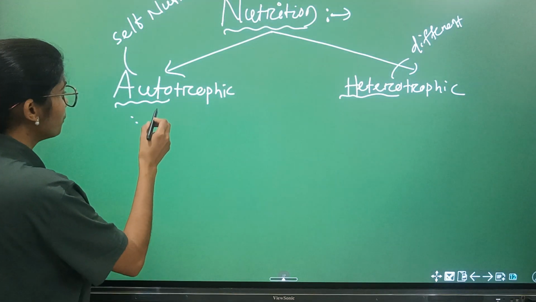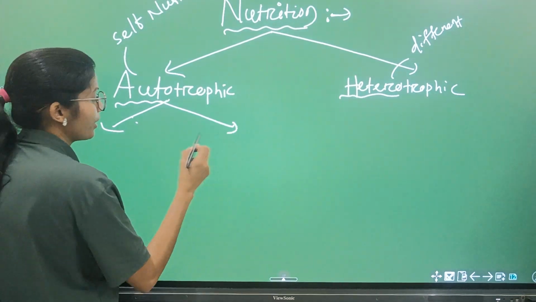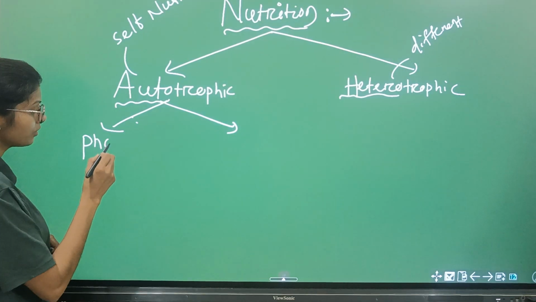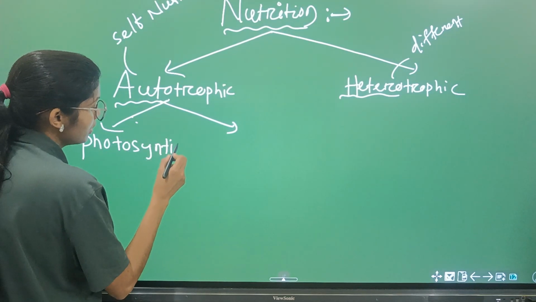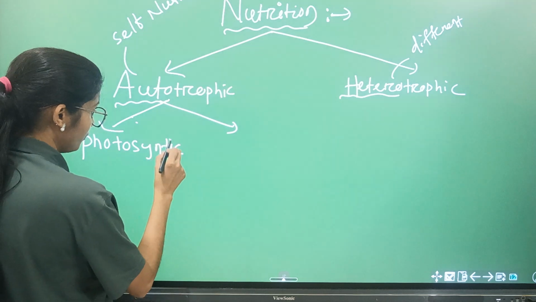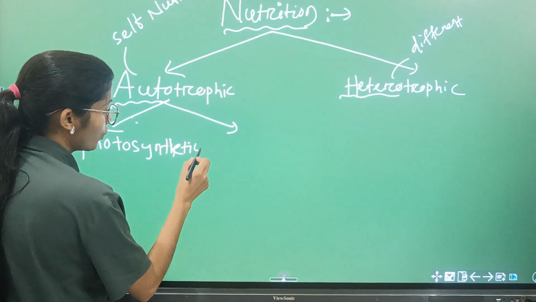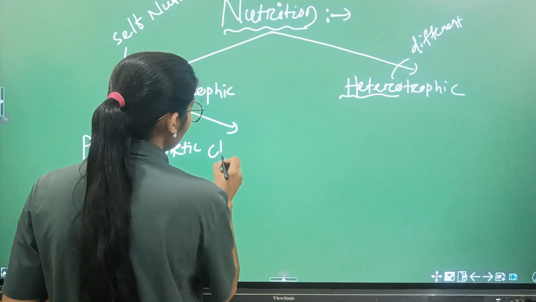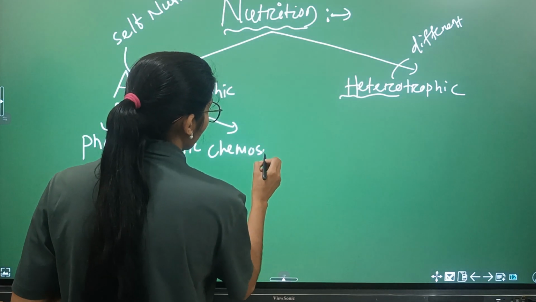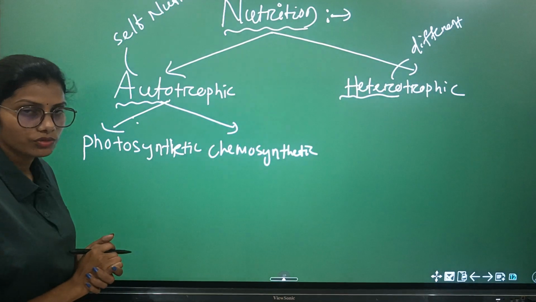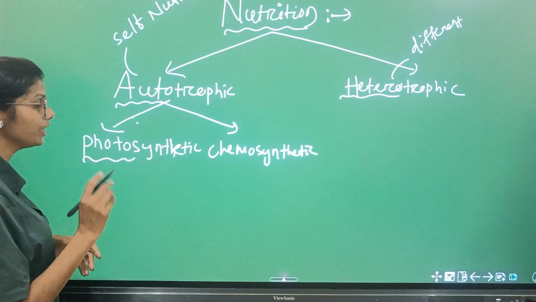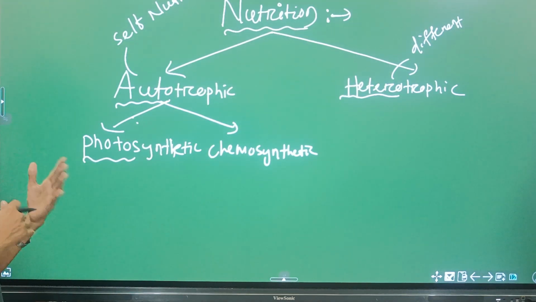Autotrophic nutrition is also divided into two types. One is the photosynthetic mode of nutrition. Another one is chemosynthetic nutrition. So what is photosynthesis? We are reading it from 6th class.